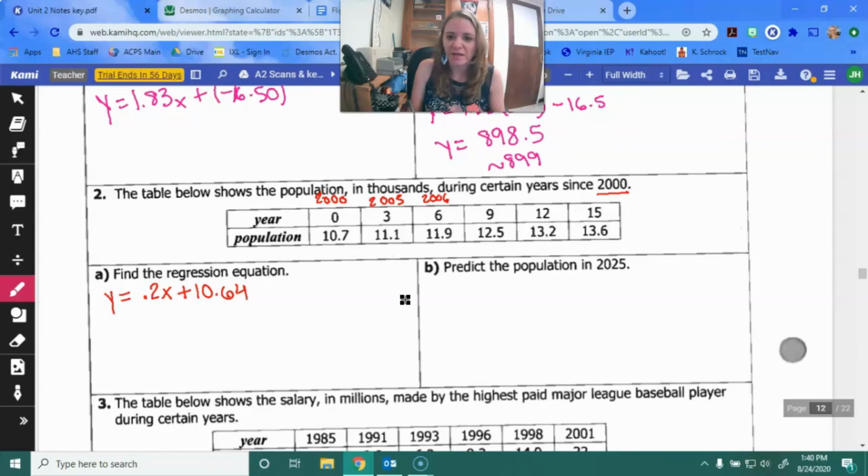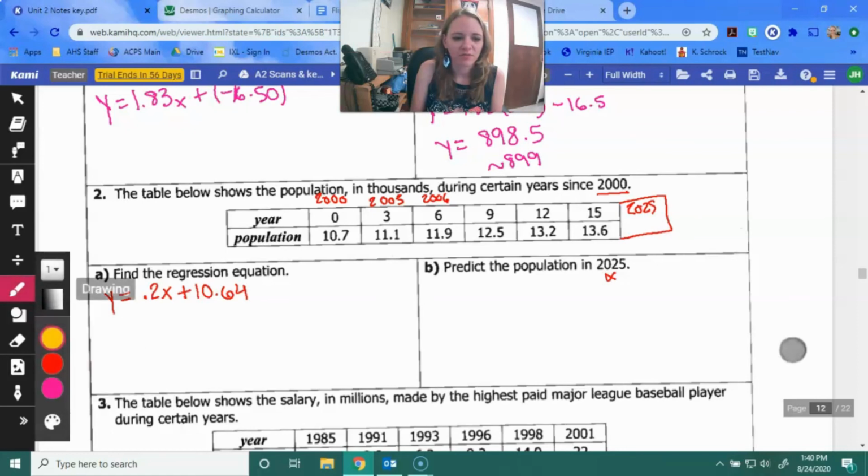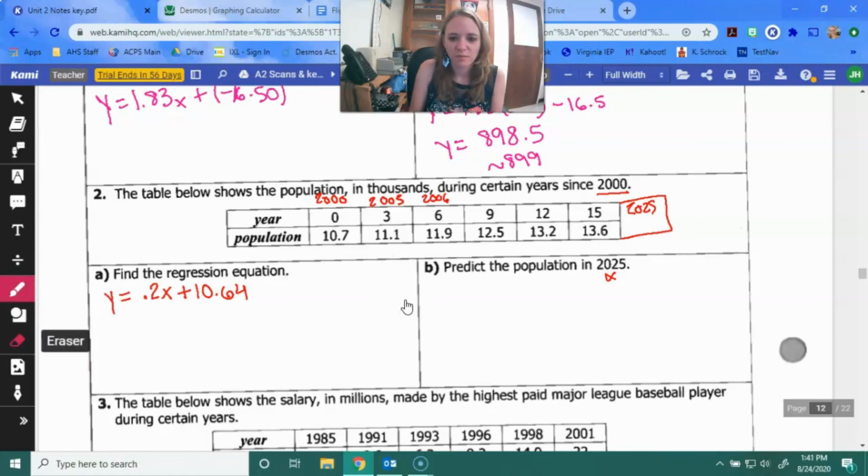So that is going to mean that you have to adjust this number, okay? So you don't want to put 2025 here and plug that in for your x. No, you don't want to do that. Okay, you got to be really careful. You got to adjust this and put just 25.